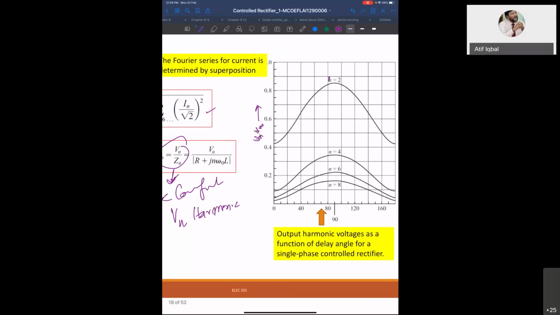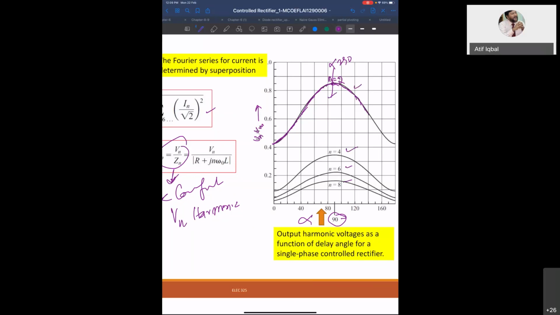When you put n equal to 2, meaning second harmonic, and this is your delay angle alpha, Vn increases, reaches a peak at alpha equal to 90 degrees, and then it decreases. This is for the second harmonic, this is for the fourth, sixth and eighth.